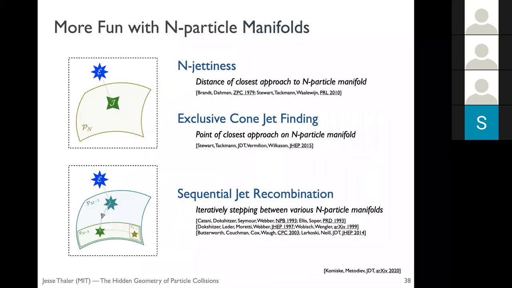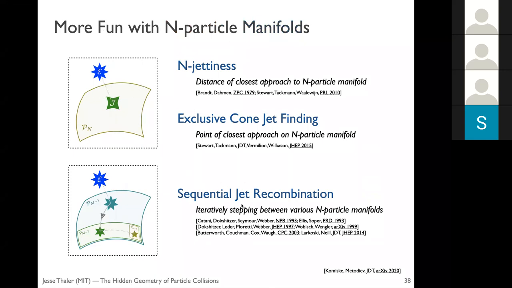What we ended up doing in this paper that was on the arXiv a few months ago is seeing that a bunch of observables in the literature correspond to distances to N-particle manifolds. So N-jettiness is the distance of closest approach to the N-particle manifold for entire events. There's an algorithm that I developed with collaborators called XCone, which is actually the point of closest approach on the N-particle manifold, basically finding the point that best approximates that event, but restricting to that N-particle manifold.